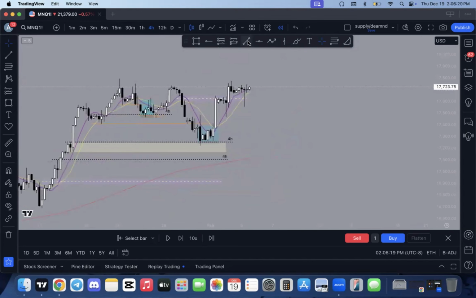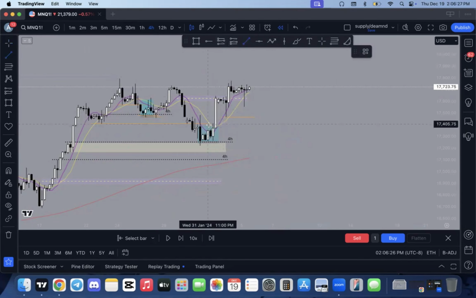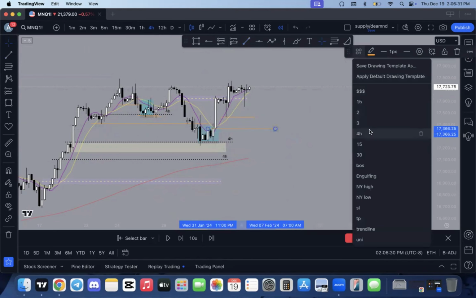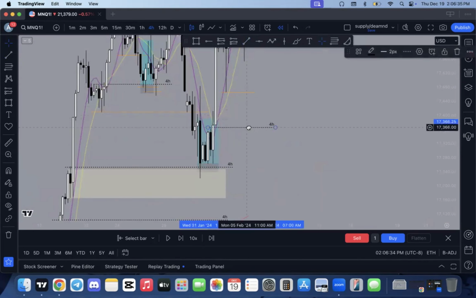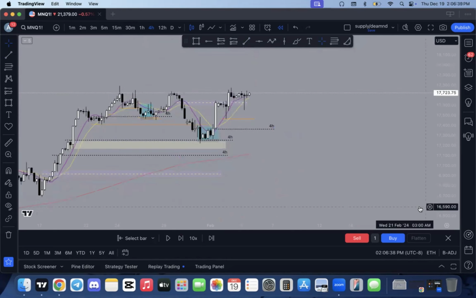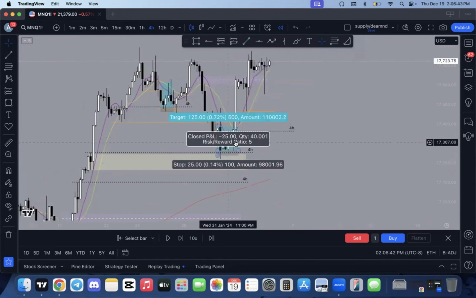Okay, well, right here we have liquidity, and then we have an order block right here. All right. Boom. Because we have a little bit of consolidation, right?